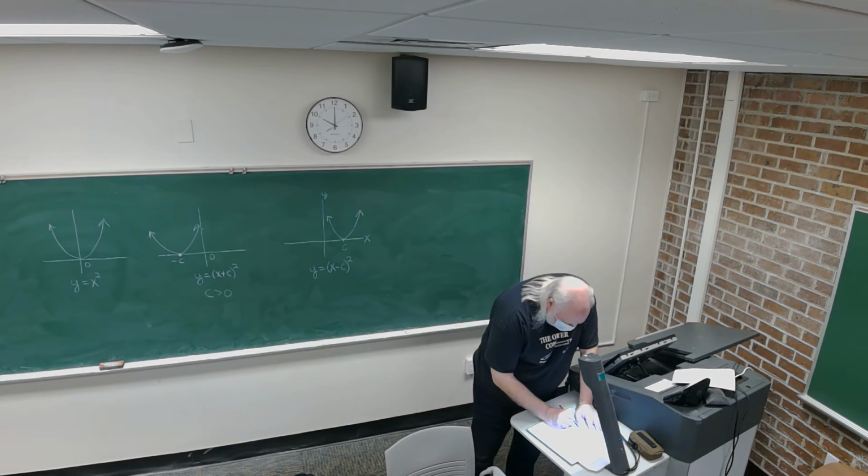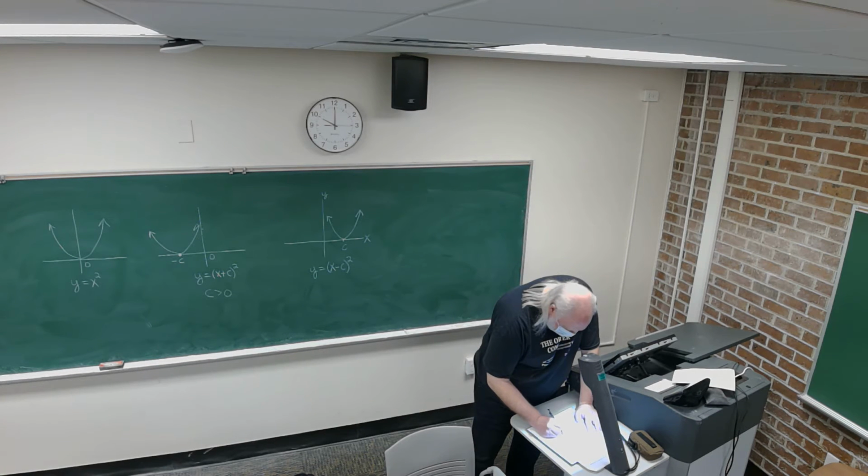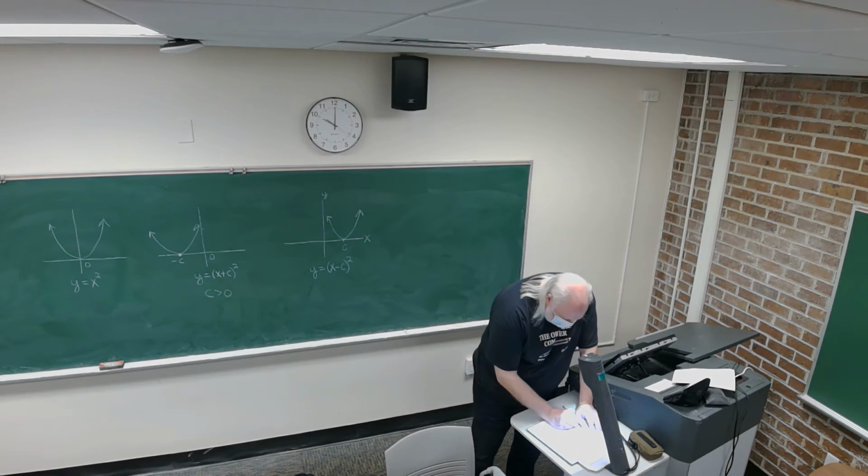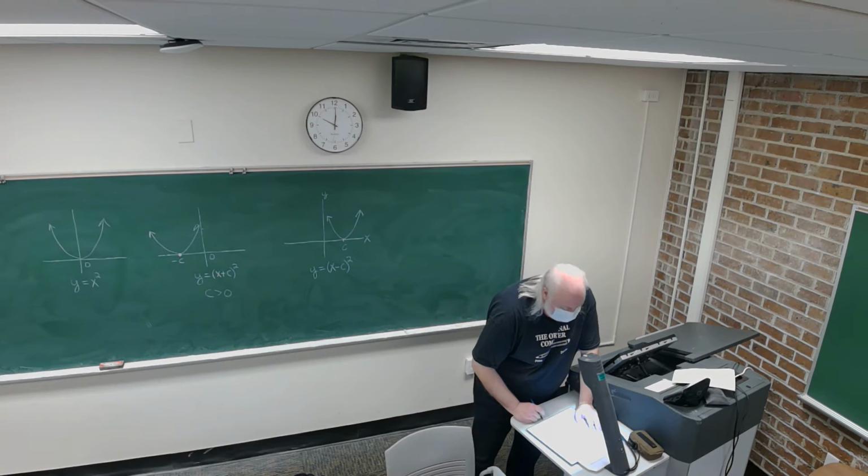So -4, -6 becomes +4, -6. -3, 0 becomes +3, 0. And so when we flip this graph across the y-axis, this x-intercept gets moved over here, because we're flipping it around the y-axis.